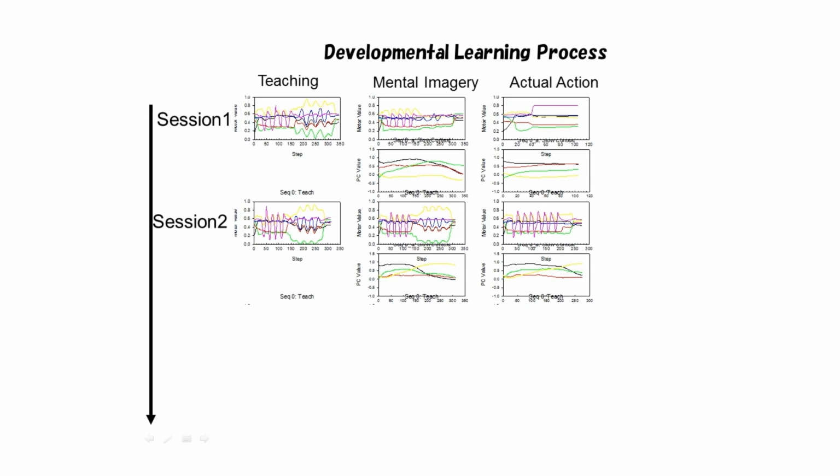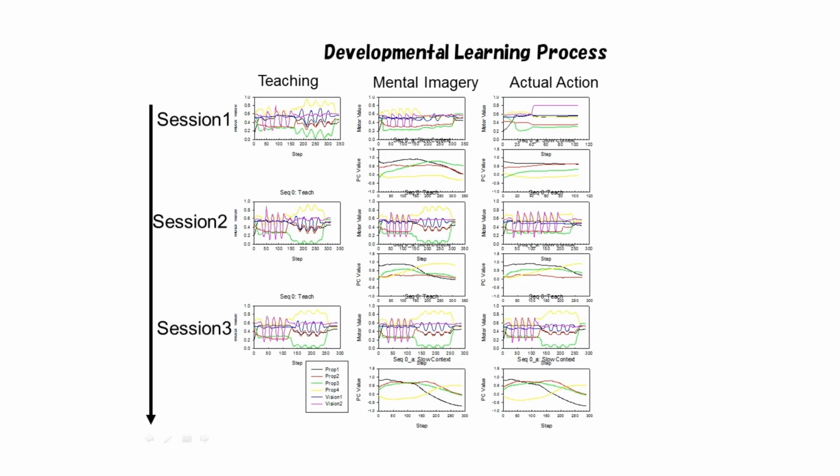But in session 2, mental imagery is almost okay compared to the tutored one, but in the actual action, he cannot switch to the second primitive. He's doing only primitive 1. After session 3, both mental imagery and actual action are very good.